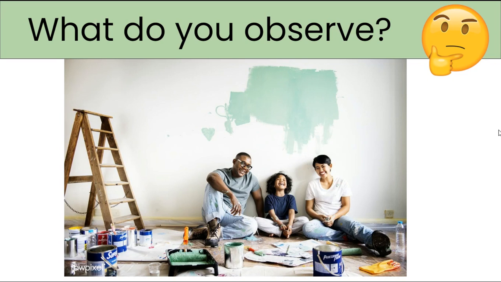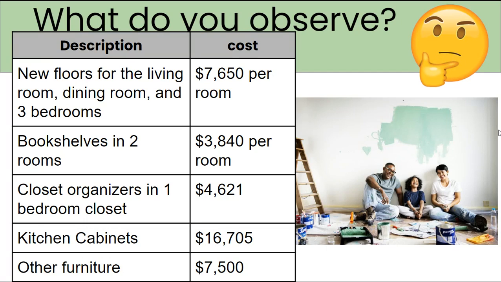One way that people decide if they just want to do the work themselves is based on how much it's going to cost. This family talked to a contractor, somebody who can do work inside of their house. And this is a list of the costs that the contractor gave them.